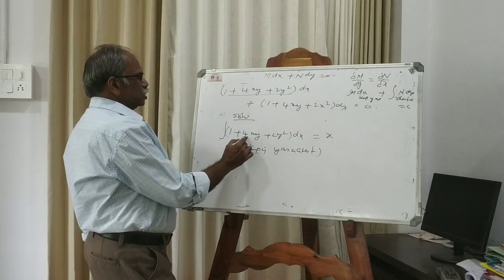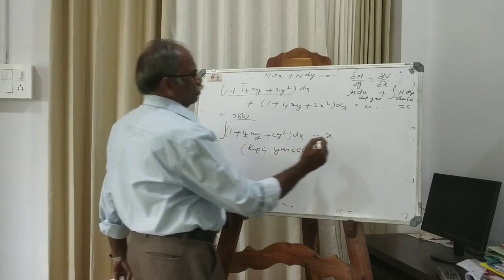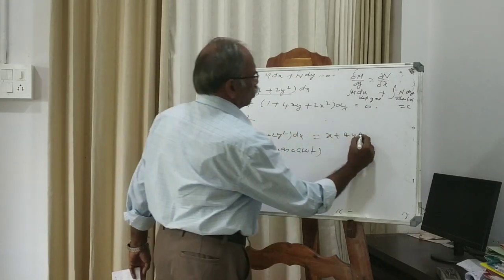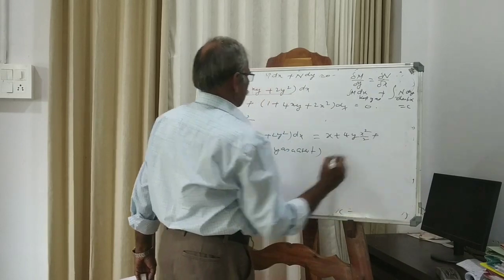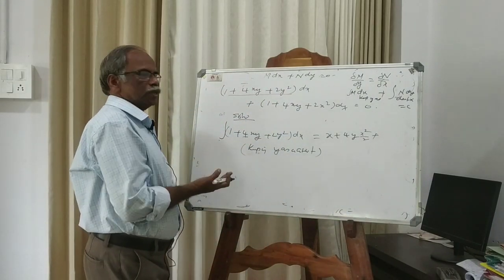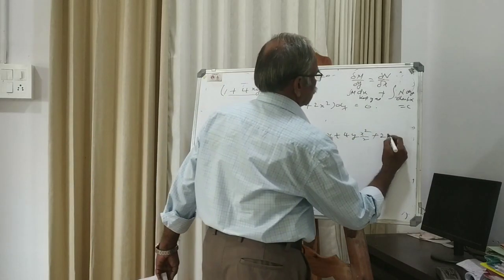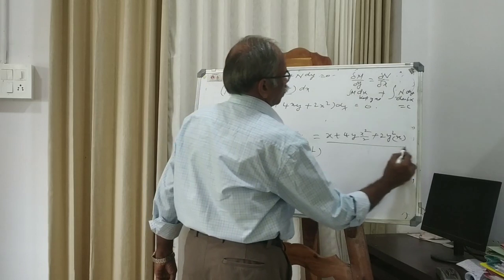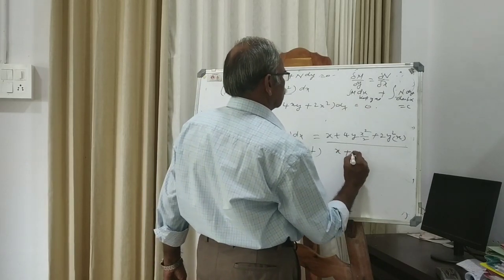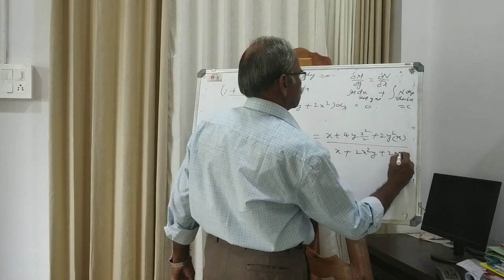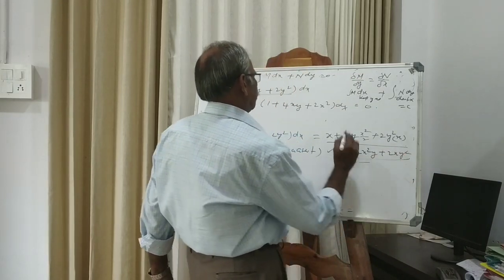Here 4 is a constant, y is a constant, so 4y is a constant. The integral of x is x²/2. Here in 2y², both are constant, so the integral of dx gives 2y² times x. Simplifying, this is x + 2x²y + 2xy². This is the first step.